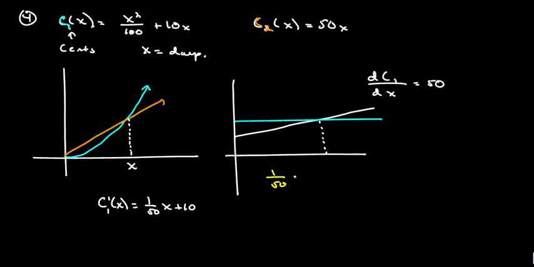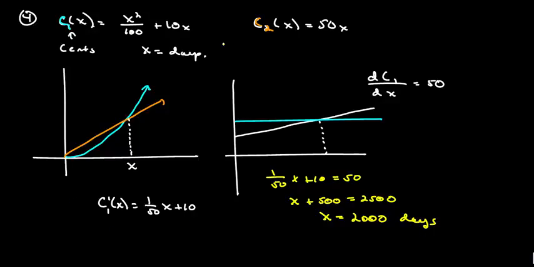So 1 over 50 x plus 10 equal to 50. Multiply everything by 50, I get x plus 500 is equal to 2500, just like that. And so x must be equal to 2000 days.